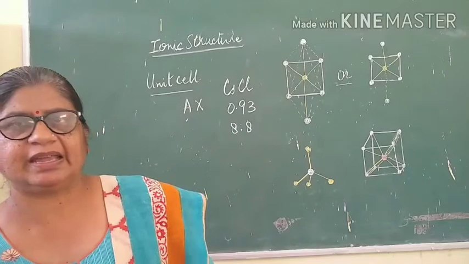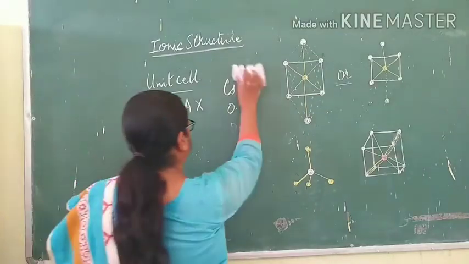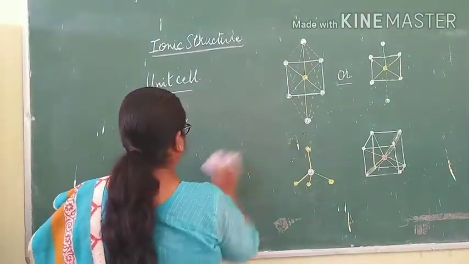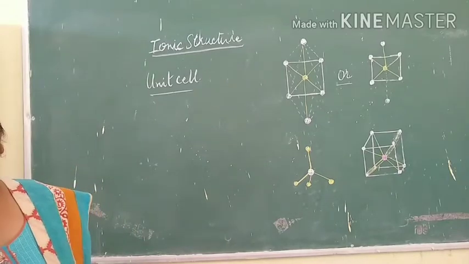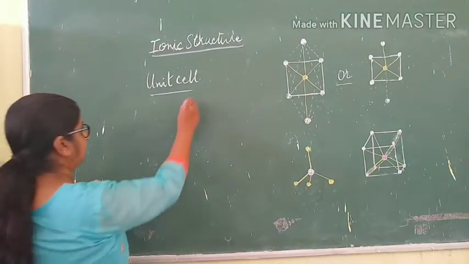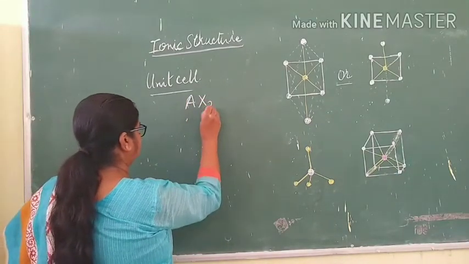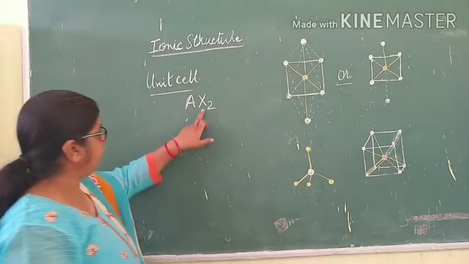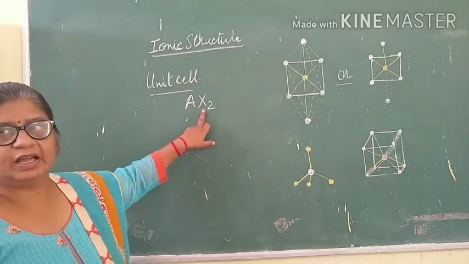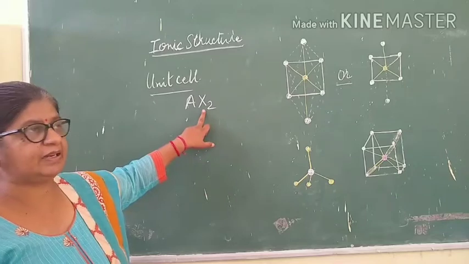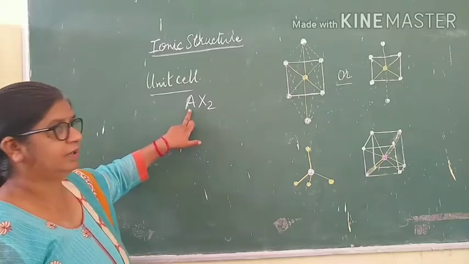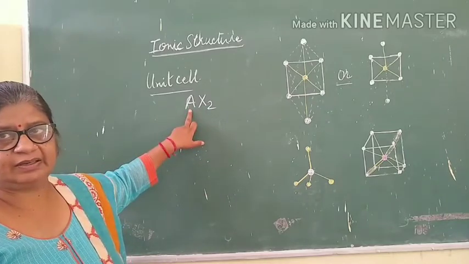Next comes the AX2 type of arrangement. In the AX2 type of arrangement, the number of anions is twice the number of cations.